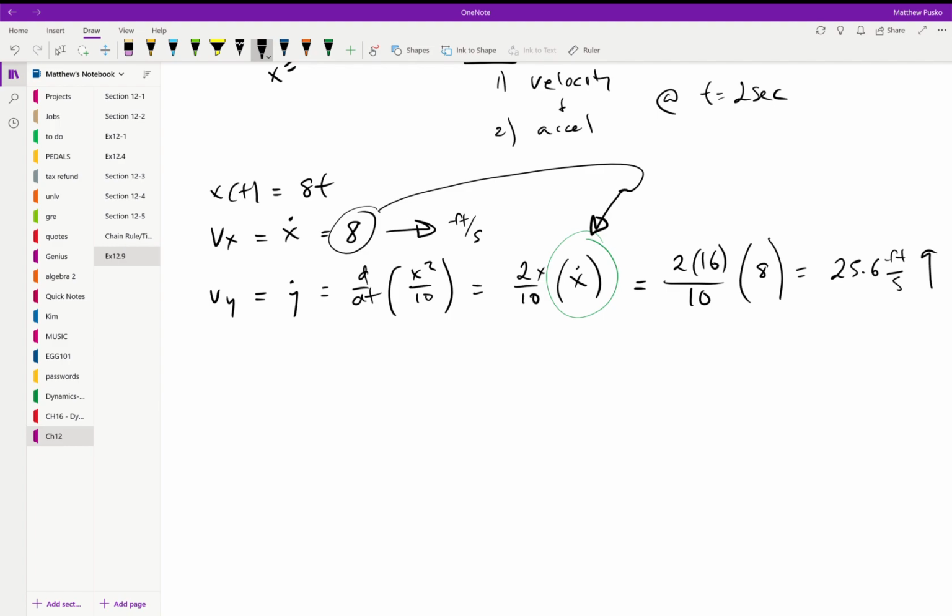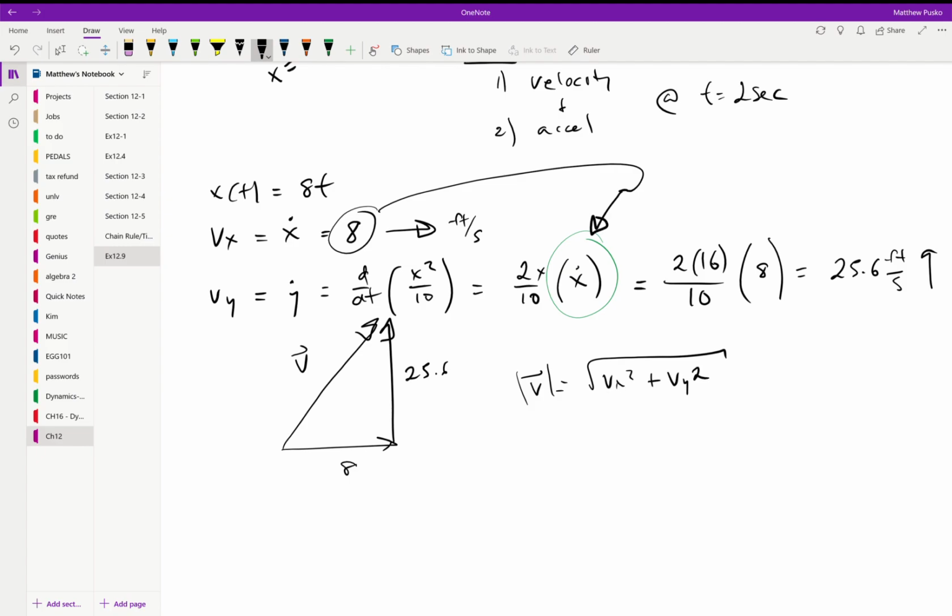So we have its vector now, right? We can say it has an 8 in the horizontal direction and a 25.6, not to scale. So the magnitude of that vector, its velocity, would be equal to the square root of the x component squared plus the y component squared. And we get 26.8 feet per second.